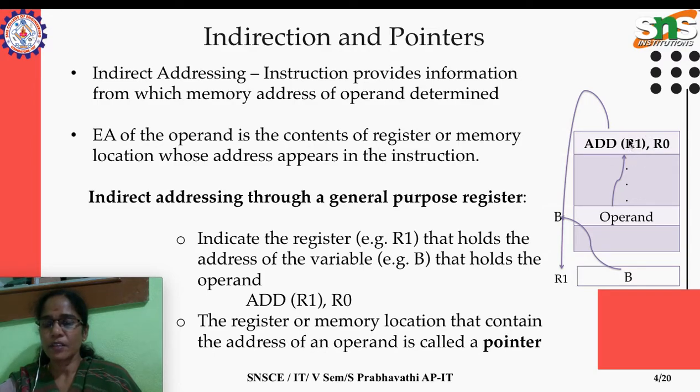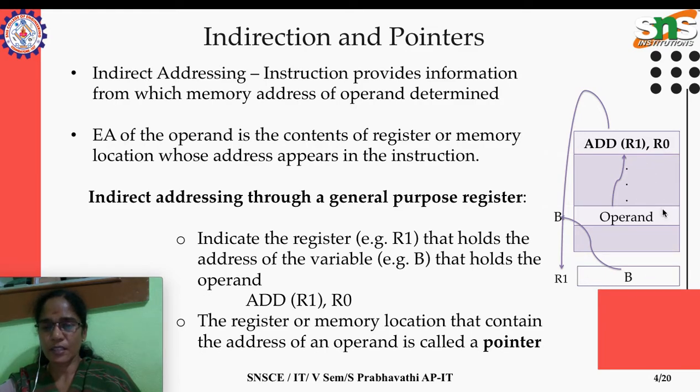It means the content in r1 is a memory address, not the operand value. So when we go to r1, inside the content it is not the operand value, like 10 or 20. This B is a memory address that needs to be located in the memory, and its operand value is fetched and assigned as the first source, followed by r0. So r1 plus r0 is added, and the result gets stored in r0 itself.